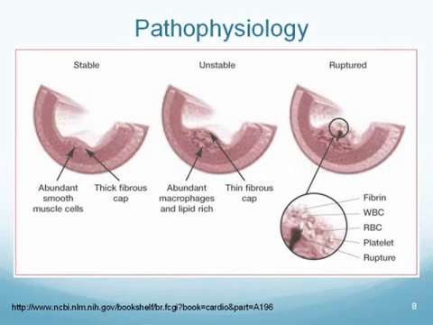And in the next picture on the right-hand side, you can see where now there's fibrin, white cells, red cells, platelets, and we see a dark area. This is the beginning of a thrombus, and that thrombus could potentially grow to the point where it might totally occlude the vessel.